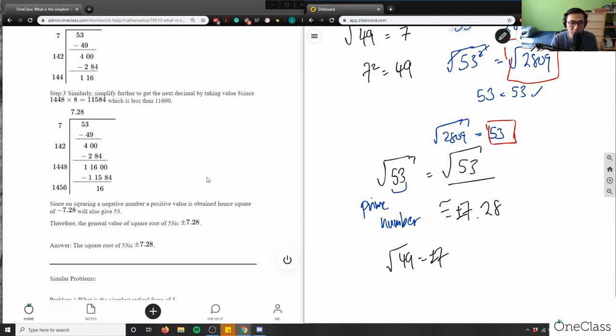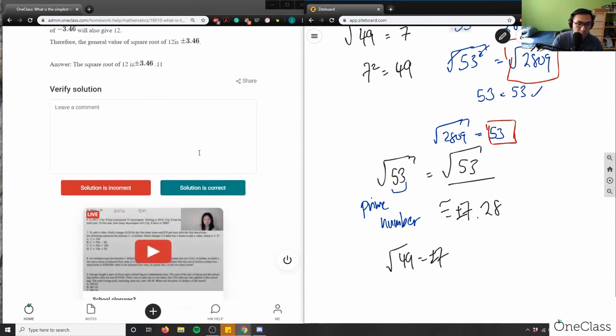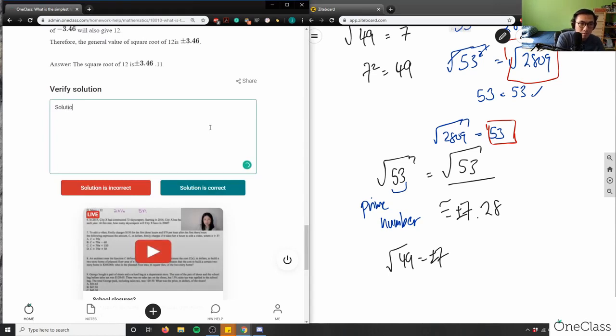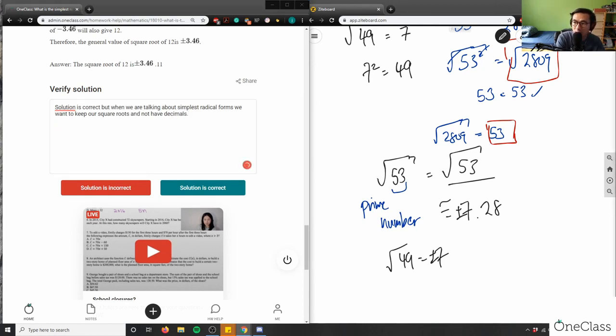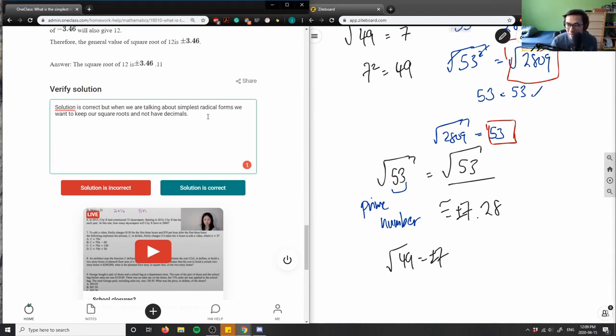So I'm going to say the solution is correct, but when we are talking about simplest radical form, we want to keep our square roots and not have decimals. We can leave the square root of 53 as the square root of 53, and that's the simplest radical form in itself. So I'm going to say the solution is correct.